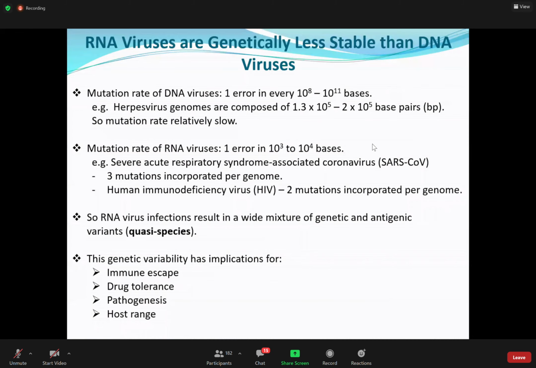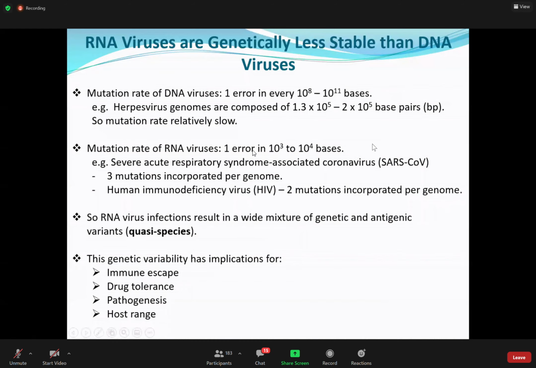So every time you get new RNAs being made with this enzyme, you can get more and more mistakes, or altered gene base sequences, inserted into the new molecules.